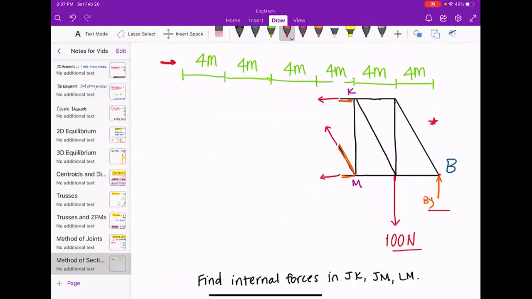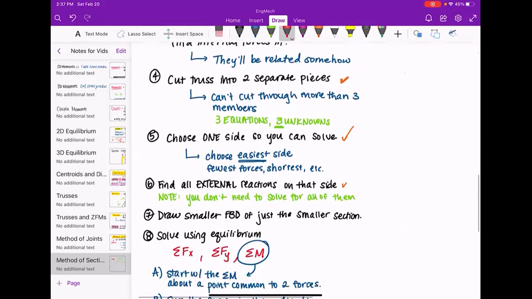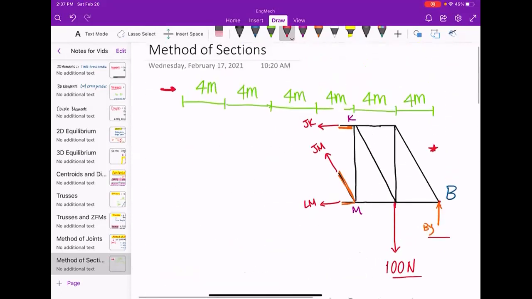That was JK, JM, and LM. Okay, so now I've redrawn my free body diagram. Basically, all you have to include is the stuff on the side of the bridge that you're looking at. So technically, I wouldn't even have to include this stuff. So that's my new free body diagram.